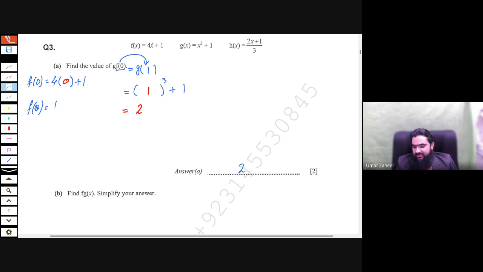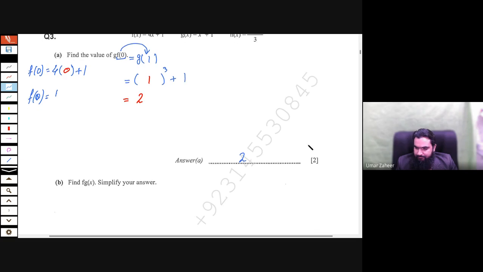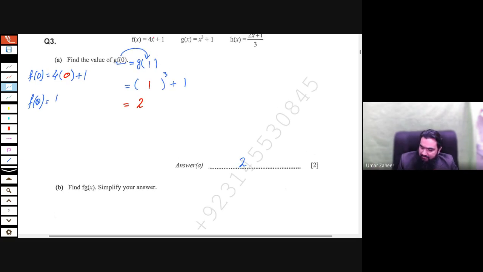Now we have to find f into g of x. So f into g of x is equal to f as it is. We have to substitute the value of g of x. Yes, Mehran, what is the value of g of x?